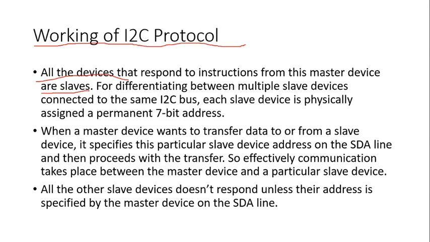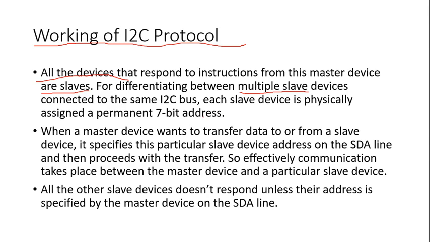The peripherals are called slaves and the controller is called the master. For differentiating between multiple slave devices, what is happening? For one controller, multiple slaves will be present, so the controller must identify which slave it is currently addressing.